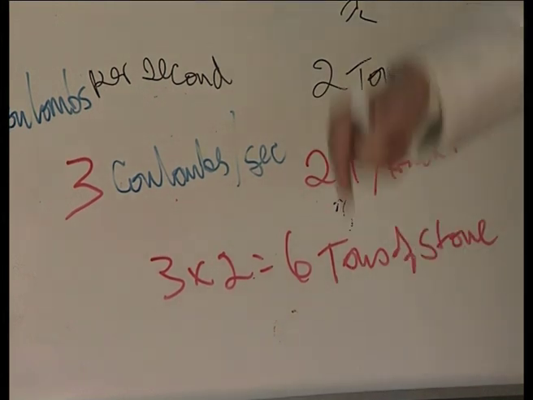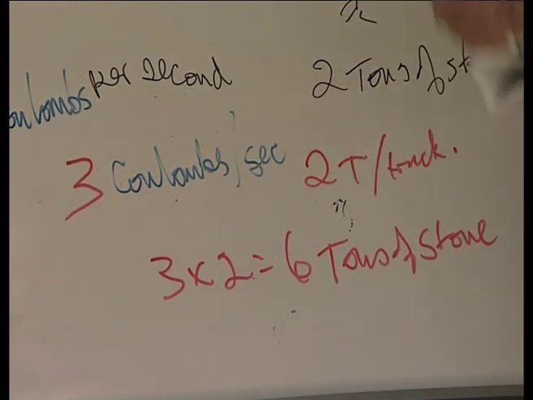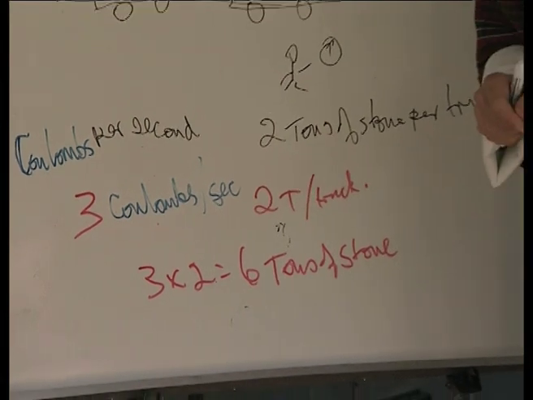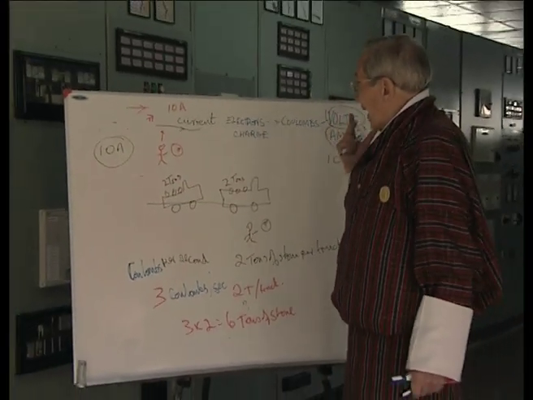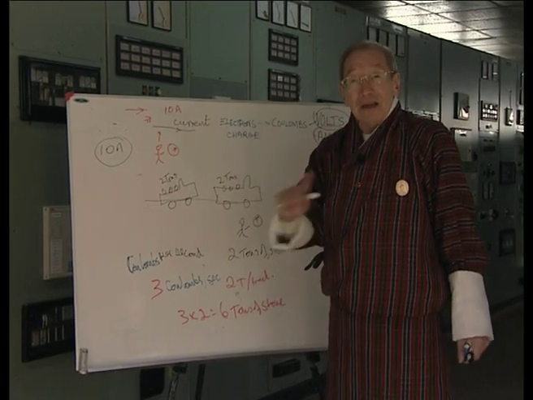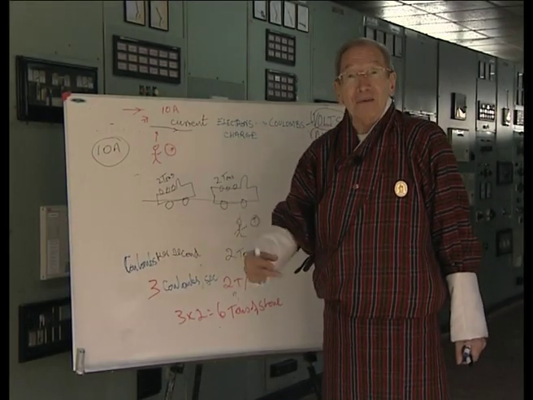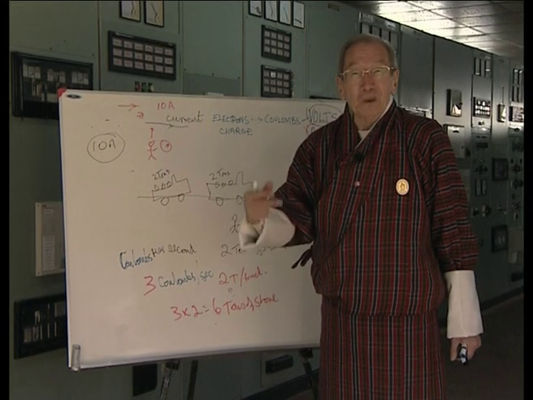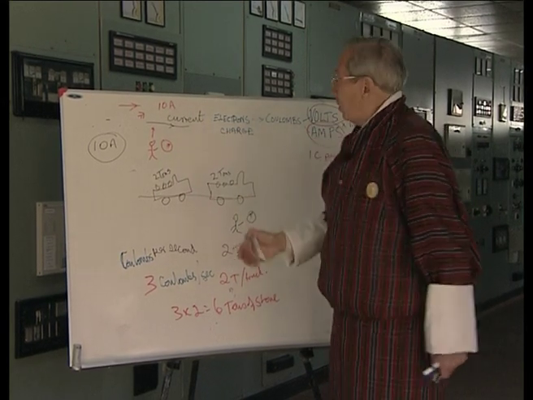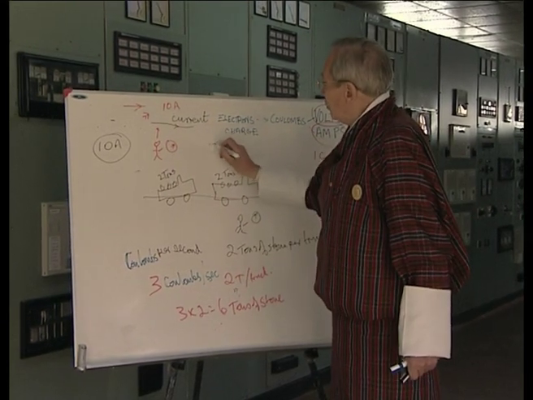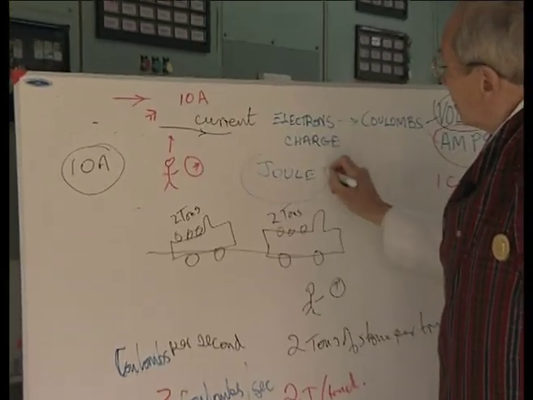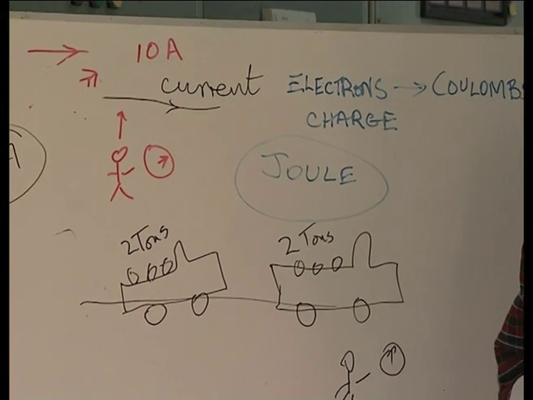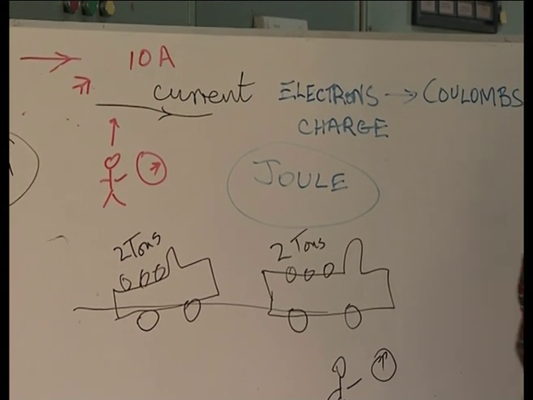Well, now, electricity brings us energy. These coulombs, these little boxes I had, they don't carry stones, they carry energy. And what do we measure energy in? We measure energy in a unit called a joule. It's a way of measuring how much energy I've got.